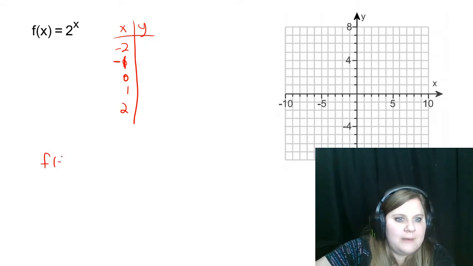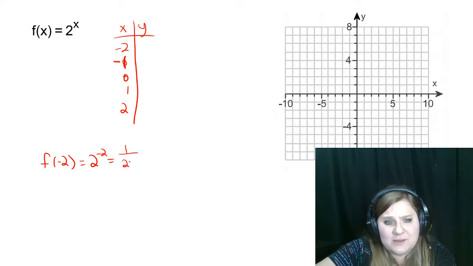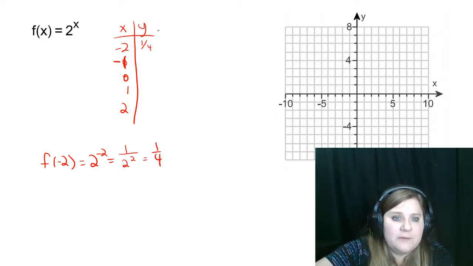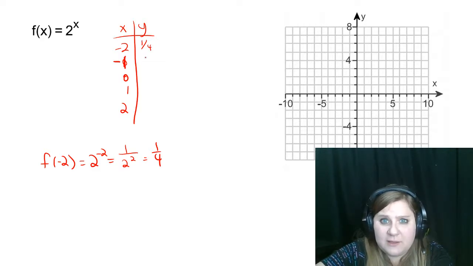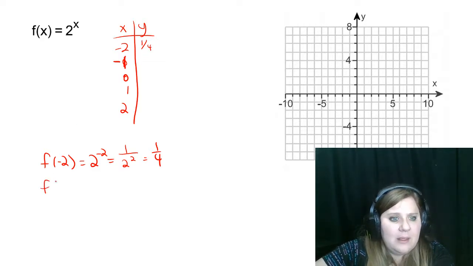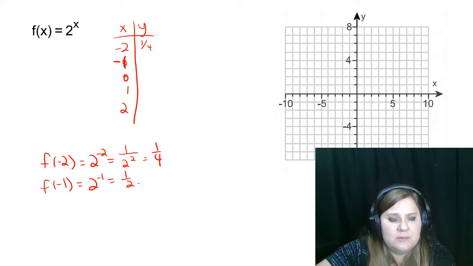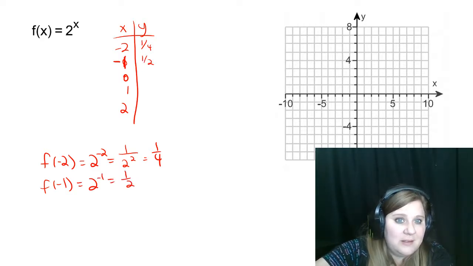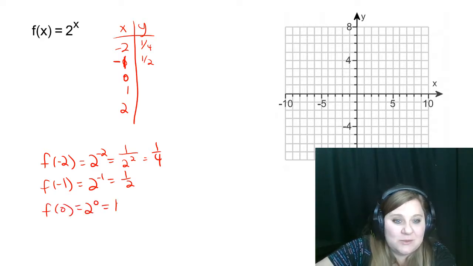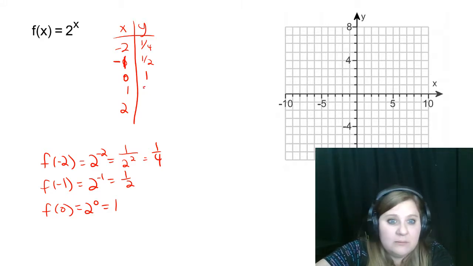So f of -2 is 2 to the -2, is 1 over 2 squared, is 1/4. Don't forget, these should be fractions over here in the y side, okay? f of -1 is 2 to the -1, which is 1 over 2, which is 1/2. f of 0 is 2 to the 0. Anything raised to the 0 is 1. Now, when I plug in 1, I get 2 to the 1. When I plug in 2, I get 2 squared, which is 4.